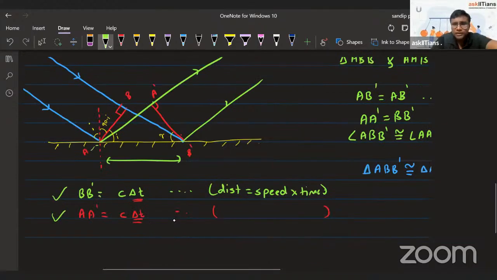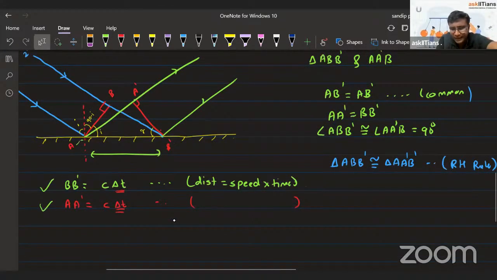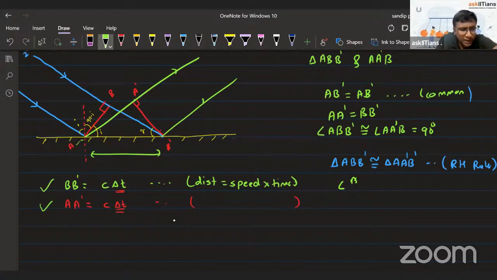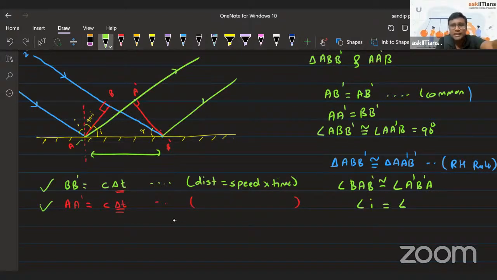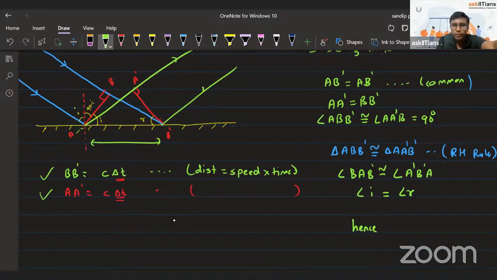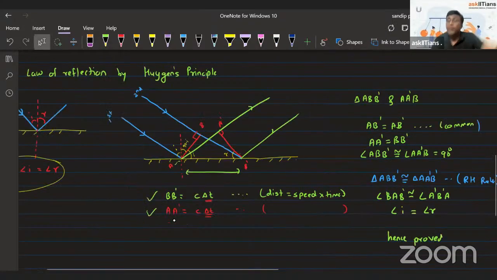So once we got the similar triangles, what I can say, that angle BAB dash is congruent to angle A dash B dash A, and that is nothing but your angle I is equal to angle R. Hence, this is one small derivation, but important, right?